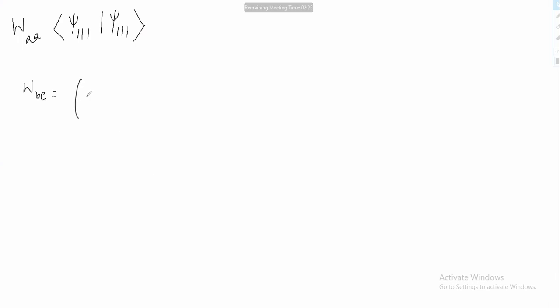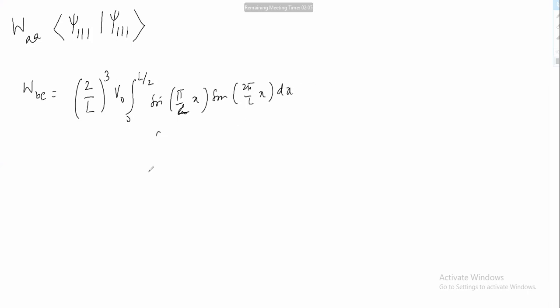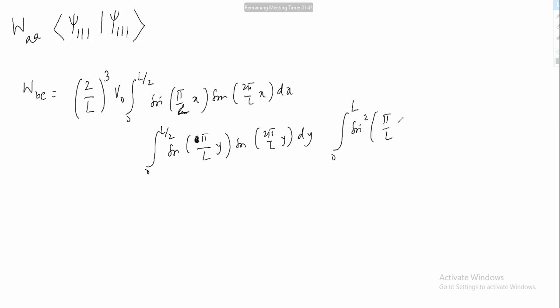This will be again 2 by L whole cube V naught, integral 0 to L by 2 of sine pi by L into x, sine 2 pi by L into x dx, then 0 to L by 2 of sine pi by L into y, sine 2 pi by L into y dy, and the third will be 0 to L of sine square pi by L z. And this will turn out to be a non-zero quantity.